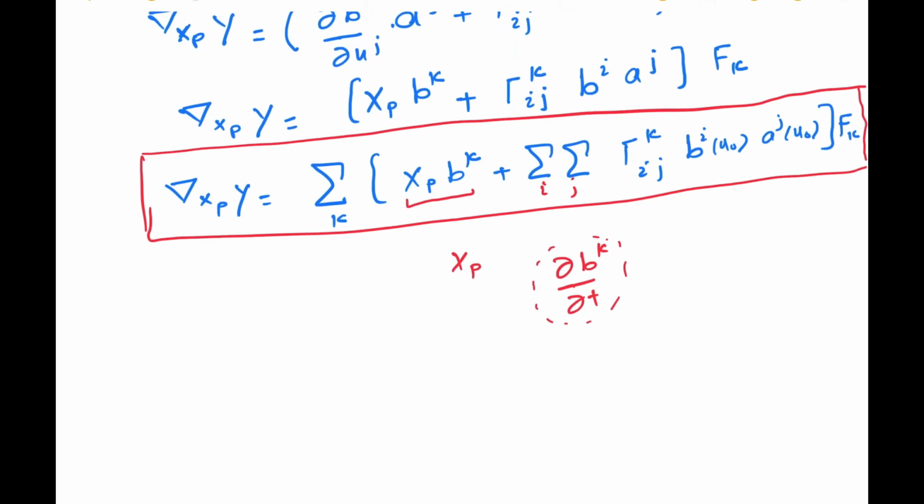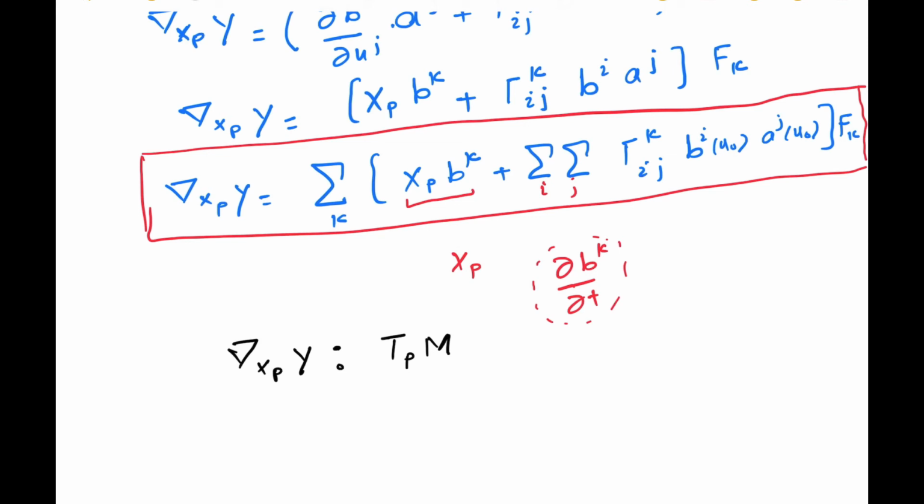So now in this manner I can say that this del xp y, the covariant derivative of y vector field along xp, is actually a map. This is a map from the tangent space.